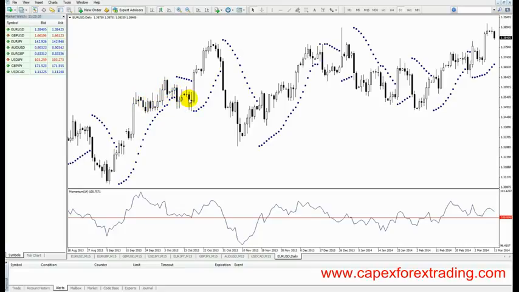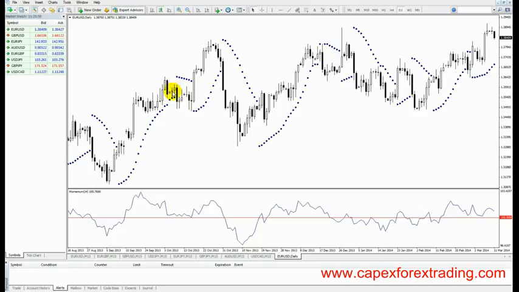There's nothing really happening. But despite that, the parabolic SAR dots will still appear because that's the job of this indicator. So despite the fact that these dots are appearing, do not use the parabolic SAR and don't combine it with any indicator because it will not work. It is only used to trade in trending markets.